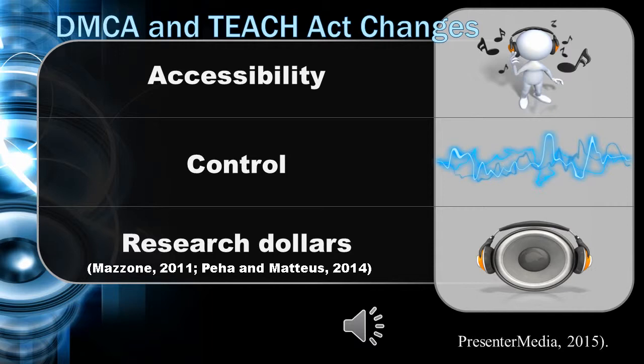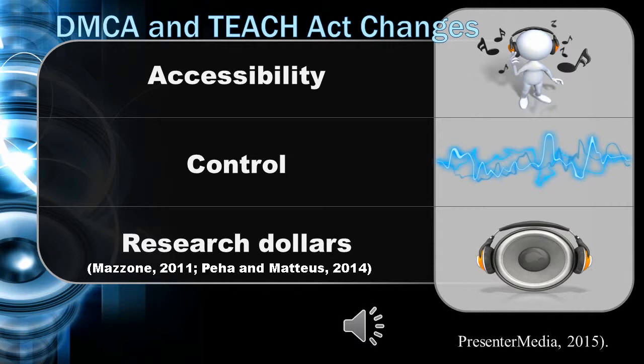I would say the initial reasoning for there being exceptions to copyright laws was for this purpose, to provide education to students and access to materials.